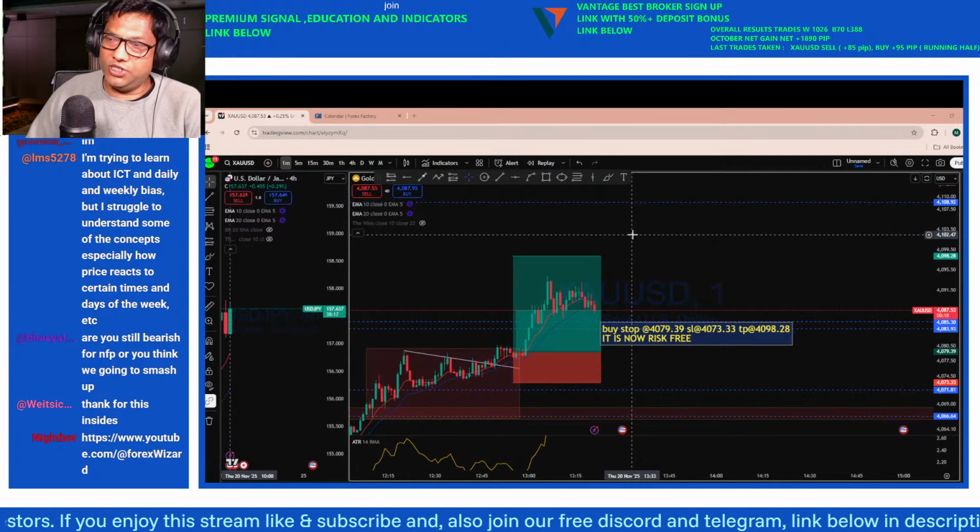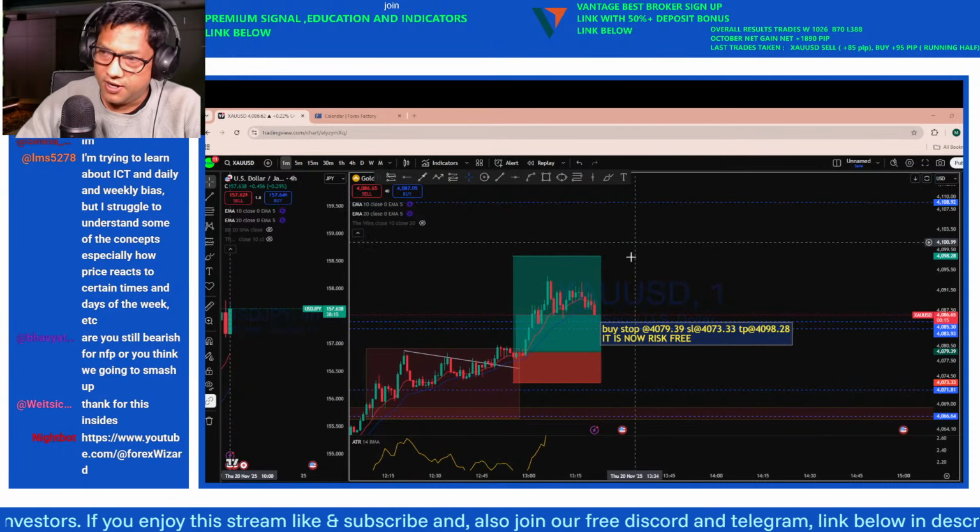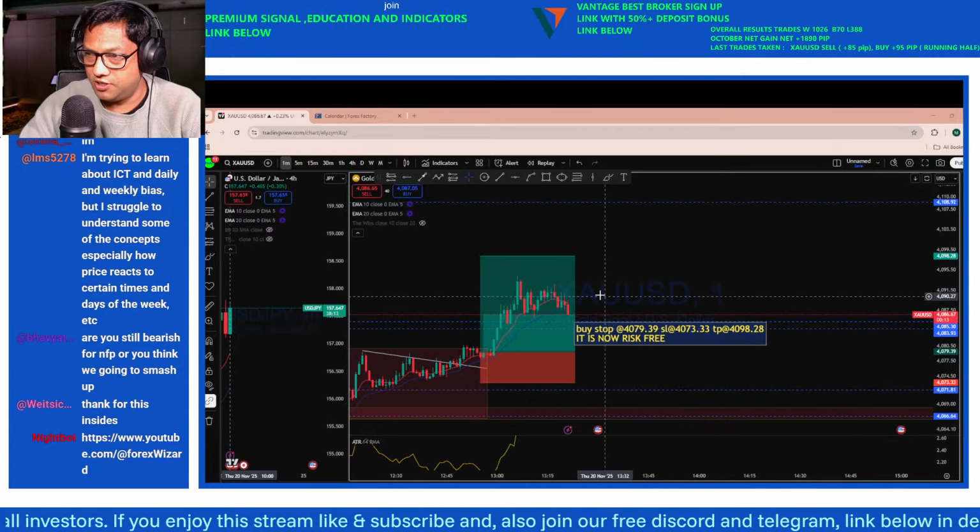So we see that on the lower time frame here, it has created a head and shoulders in that area.